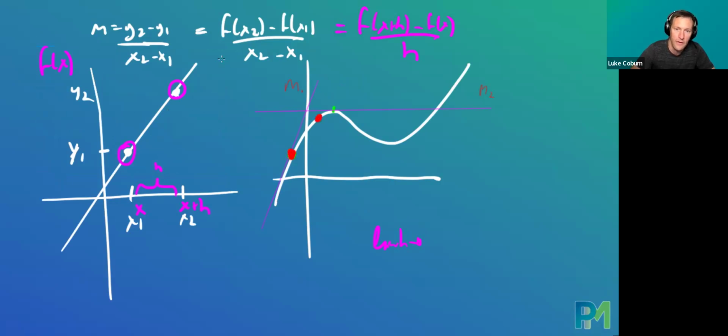Instead of that second point being far away, we make it infinitely close to the other one. So close that the 2 red points on the white curve are also on the purple line. So there are 2 points that are on the tangent, and then we can use the slope formula.